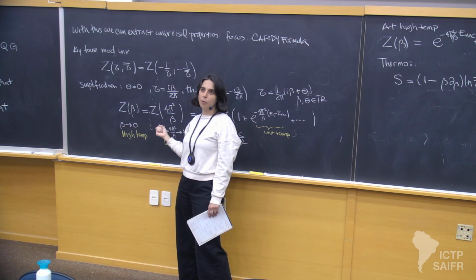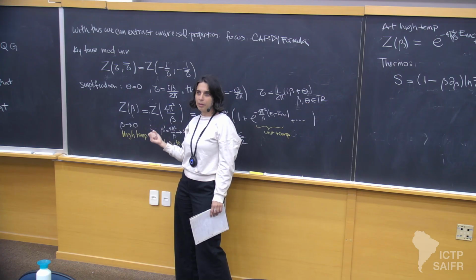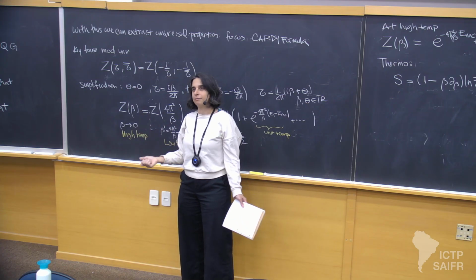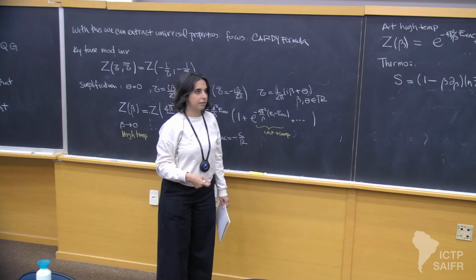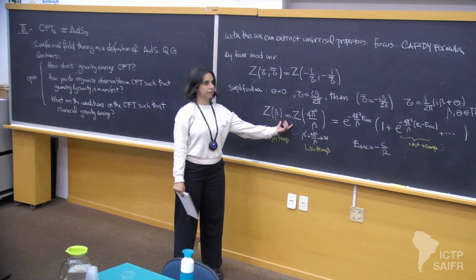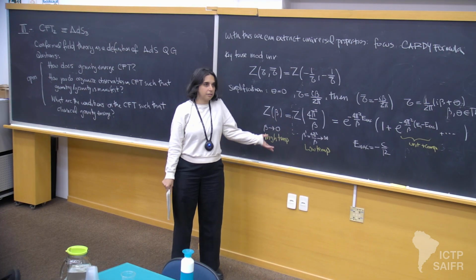The thing that I know, because it's part of my assumptions, is that the theory had a vacuum state, because it was a unitary and compact CFT. Exactly, that's all that's happening.